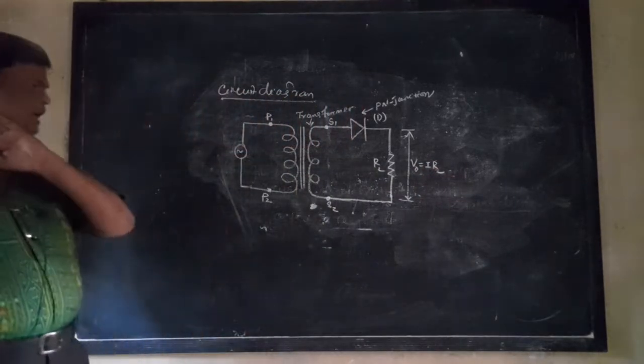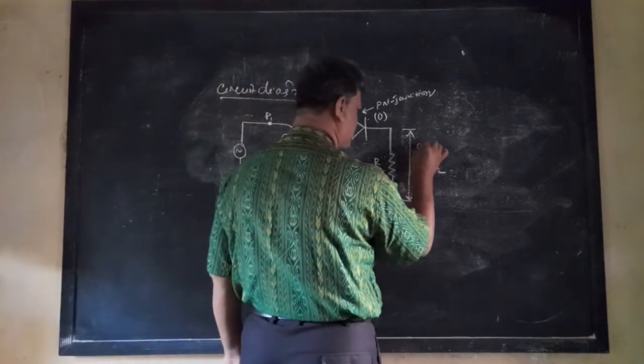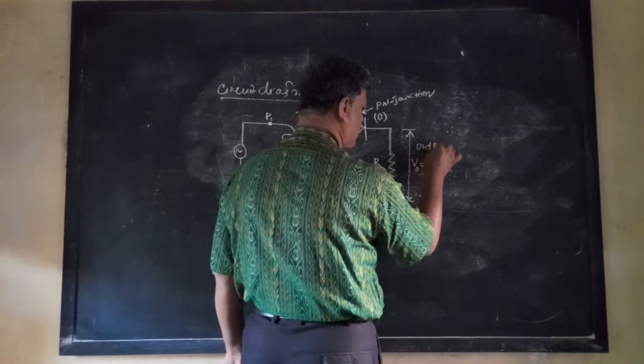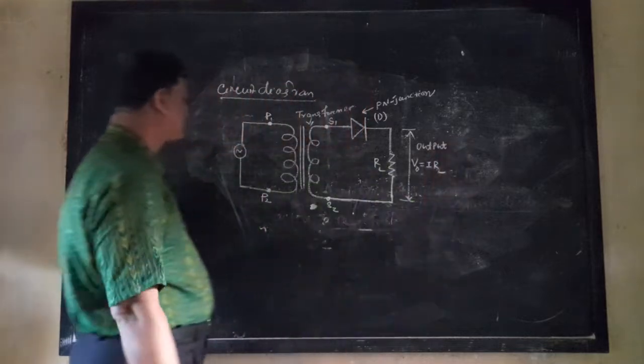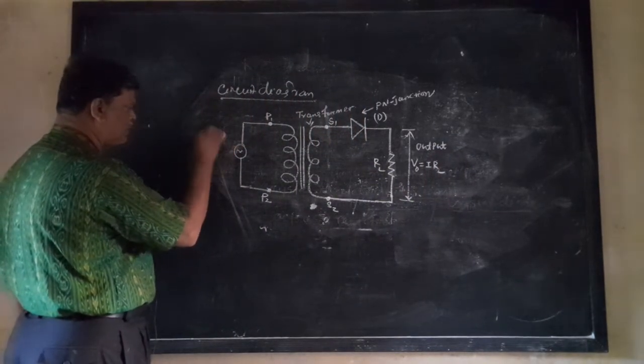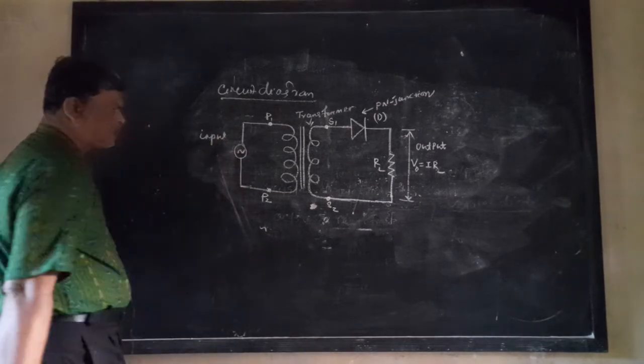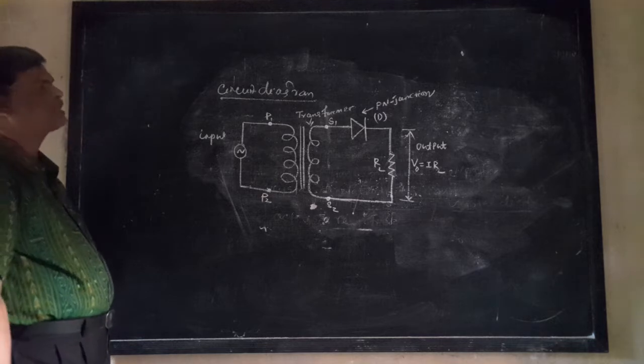Clear? And this is your input, the alternating source which is to be rectified, and here we get the output.